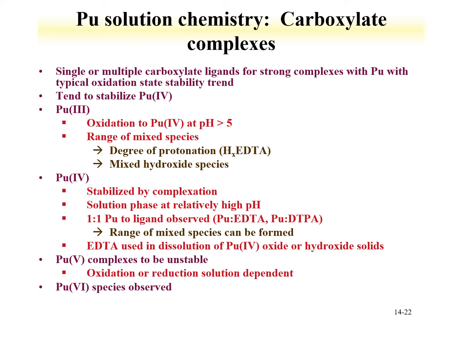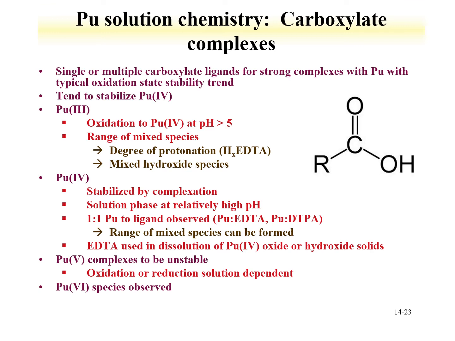And these ligands, EDTA, DTPA, citric acid, other carboxylic based organic acids, can be used for the dissolution of plutonium oxides or hydroxides. Plutonium-5 compounds with carboxylic based ligands tend to be unstable, and they'll undergo oxidation or reduction depending upon the solution conditions, and the plutonium-6 species have been observed.